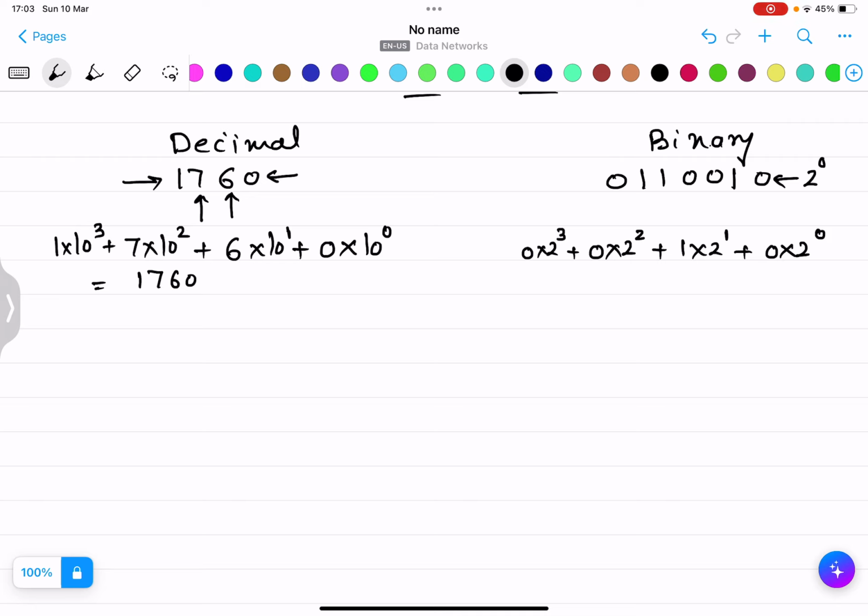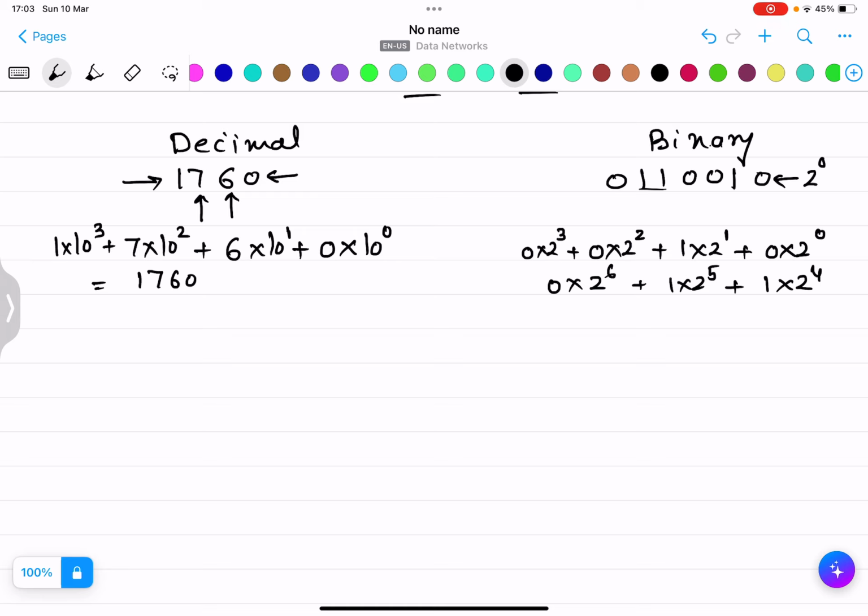Starting from the next line, it's then 1 into 2 raised to the power 4 plus 1 into 2 raised to the power 5, then plus 0 into 2 raised to the power 6.